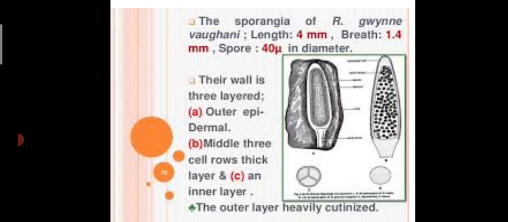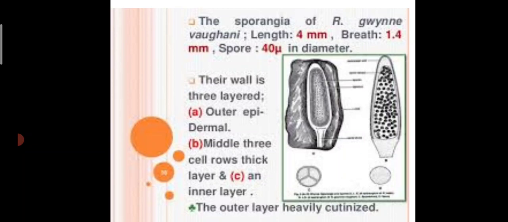And some other scientists suggest that the species Rhynia gwynne-vaughanii is the gametophytic phase of the first species, Rhynia major, according to one scientist named Pant.